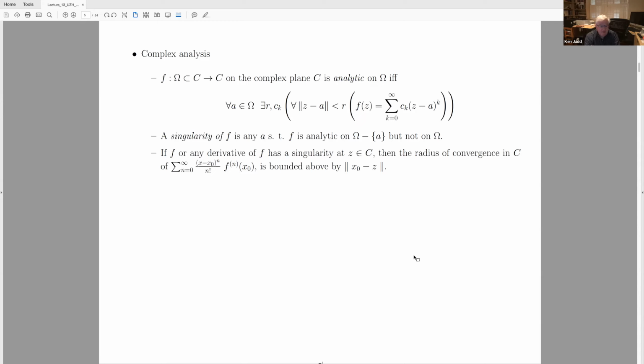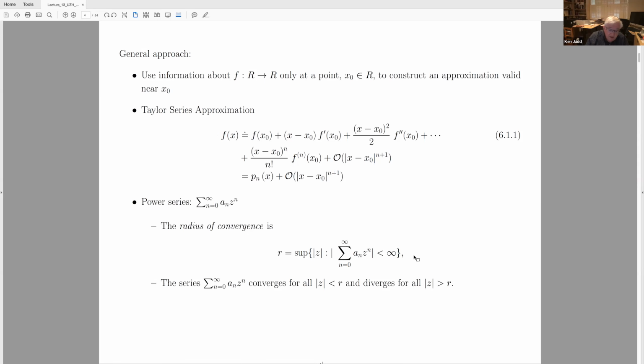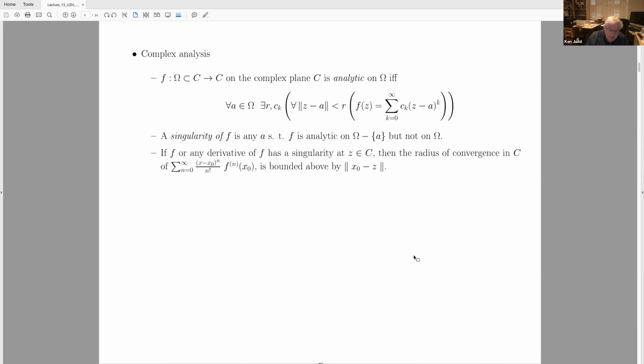Within the complex plane, this is still a one-dimensional function, so we're ignoring the two-dimensional structure of the complex plane, and everything I said before about power series is still valid. Now, in order to talk about radius of convergence and understand it properly, we have to think about it in the complex plane.